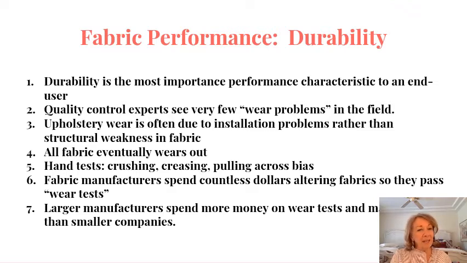Number 2, quality control experts see very few wear problems in the field. Users usually tire of the fabric, or the fabric becomes soiled long before threads begin to break. So we often don't see how durable the fabric is because we want to change it out, either because we have tired of the fabric or it becomes too soiled to use any longer. Number 3, upholstery wear is often due to installation problems rather than structural weakness in the fabric.